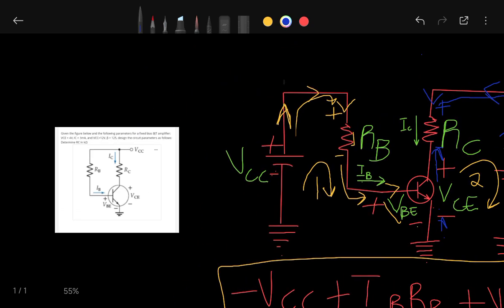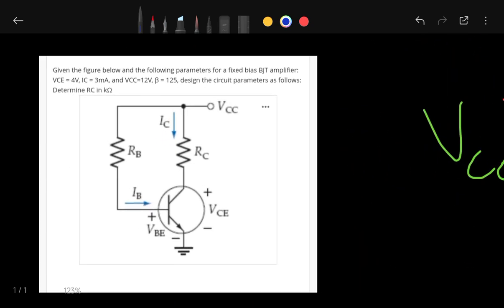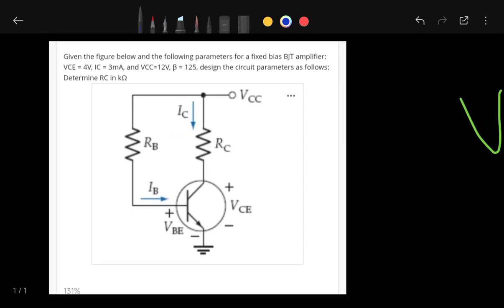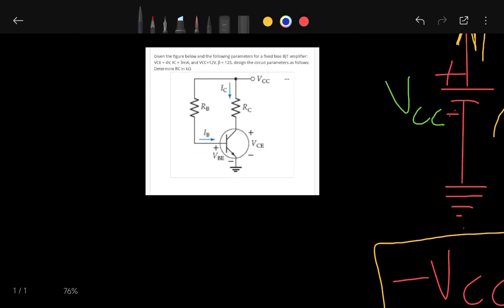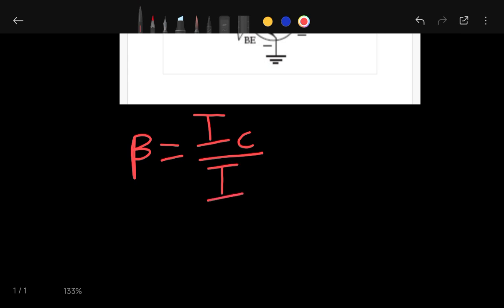For this kind of question, another thing you have to cram, or you have to know, is very, very important: gain equals collector current over base current.